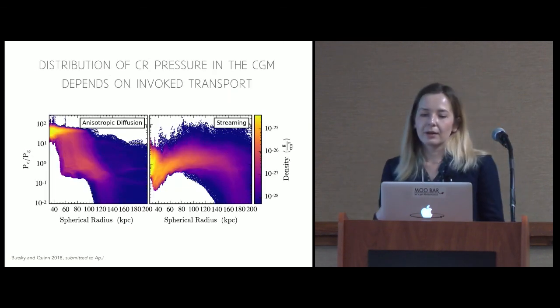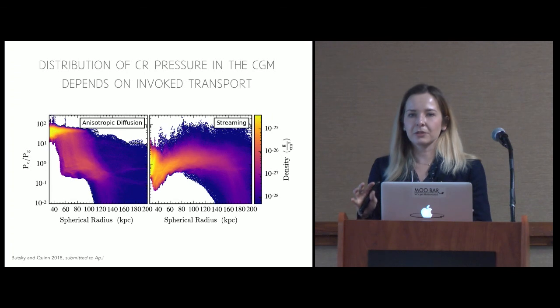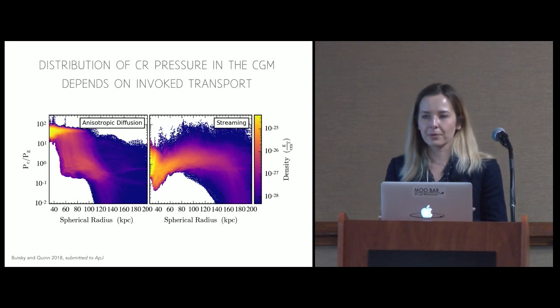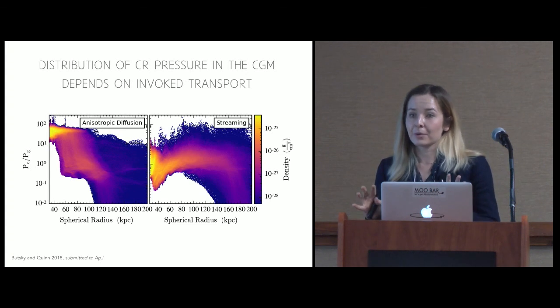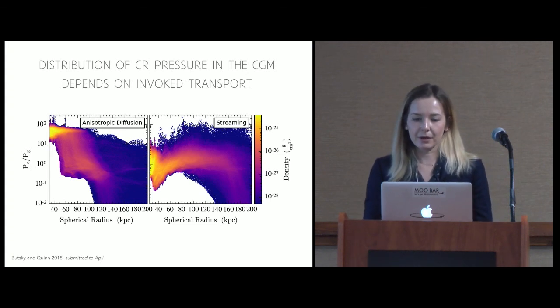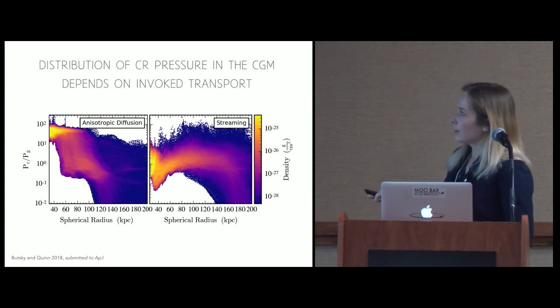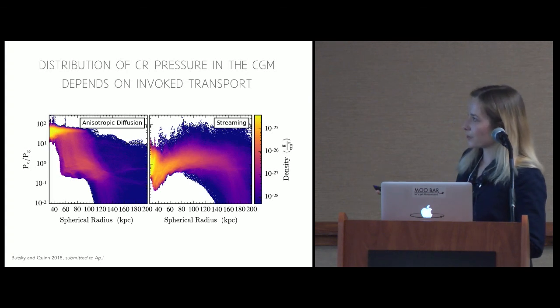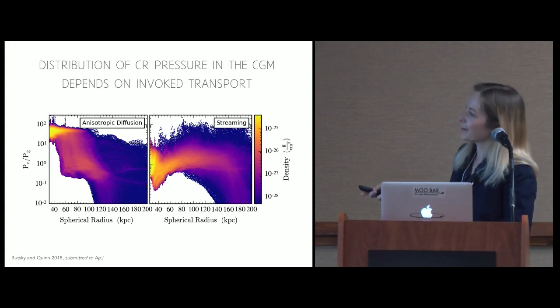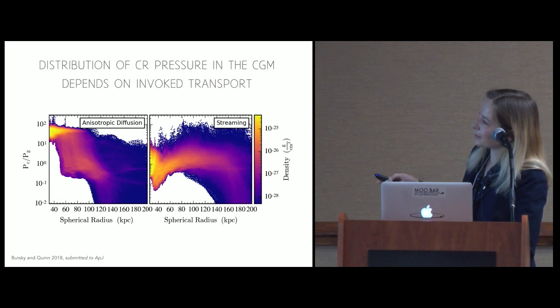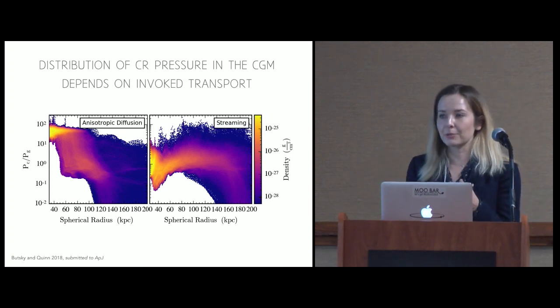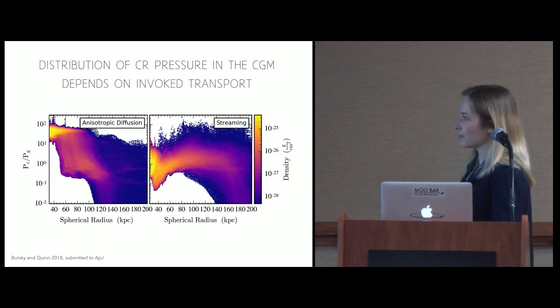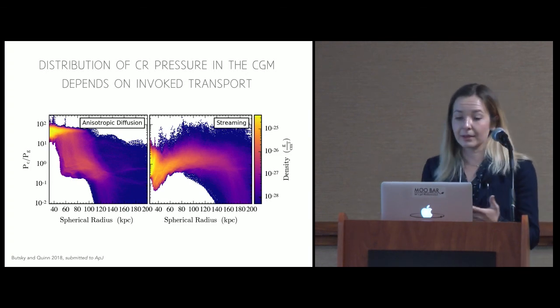So this difference between the two models predominantly comes from the differences in the distribution of the cosmic ray pressure in the CGM. So in the anisotropic diffusion model, we see, one step back. So this is the ratio of cosmic ray pressure to thermal pressure as a function of the spherical radius in the galaxy.